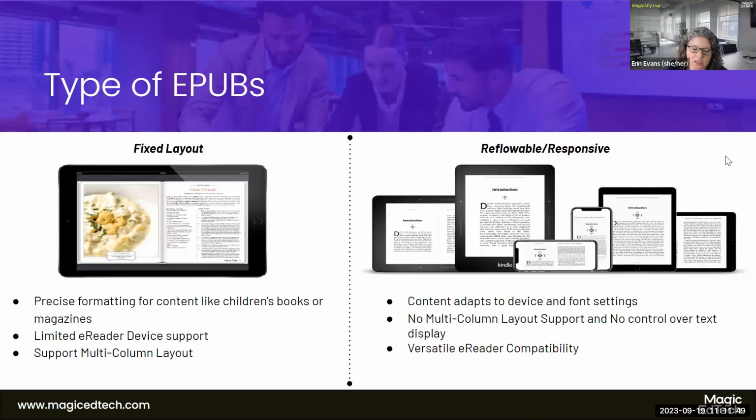You can see how the content has stayed the same, but the way that it is presented on the page is different. As Anjali said, the reflowable ePubs are built to be more like a web page, so you can use them in different formats, and you can also adjust the text size and some of the other elements within the ePub to support your reading preferences.